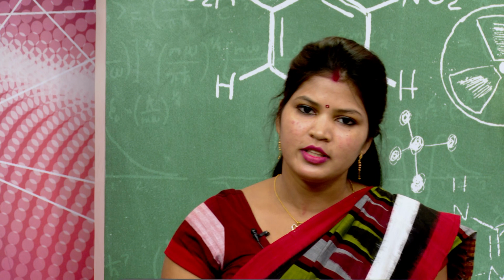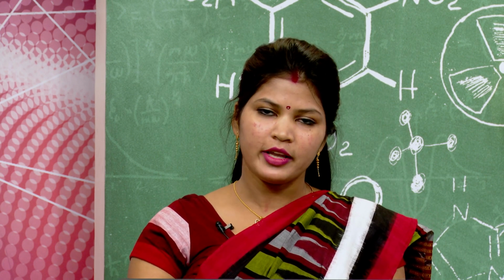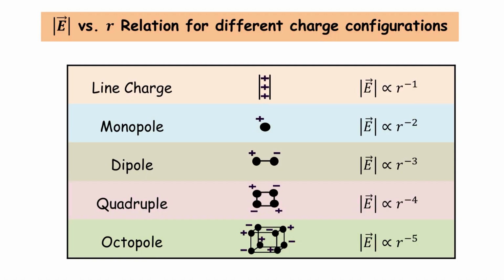And students, this is a very interesting thing, that you know how electric field varies with different powers of R. Okay. That is R to the power minus 1, minus 2, minus 3, minus 4 and minus 5. You know that E varies with R to the power minus 1 in case of line charge, that is the expression is E is equal to lambda upon 2 pi epsilon naught R. Okay.